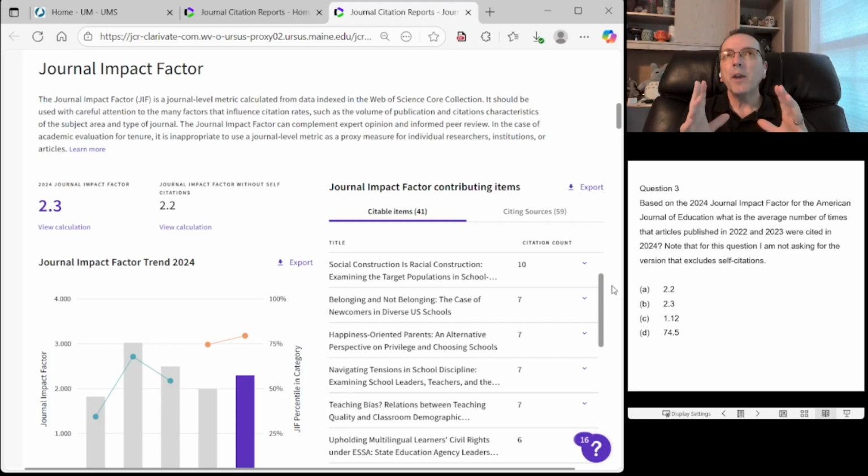Now, when a journal publishes a bunch of papers, hopefully what happens is that other researchers read those papers and they're like, wow, this is great stuff. This is really important. I need to talk about this in my next publication. And maybe I'll build some research based on that idea or expand on it. And so they're all talking about it, and they're citing those articles.